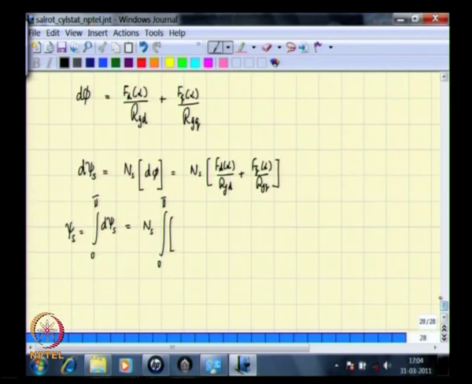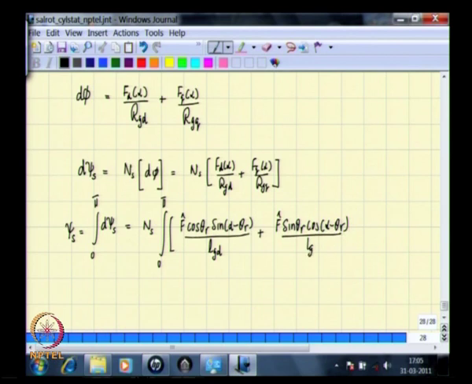So this is f hat cos theta r multiplied by sine of alpha minus theta r divided by Lgd, plus f hat sin theta r multiplied by cos of alpha minus theta r divided by Lgq, into mu naught r L d alpha.